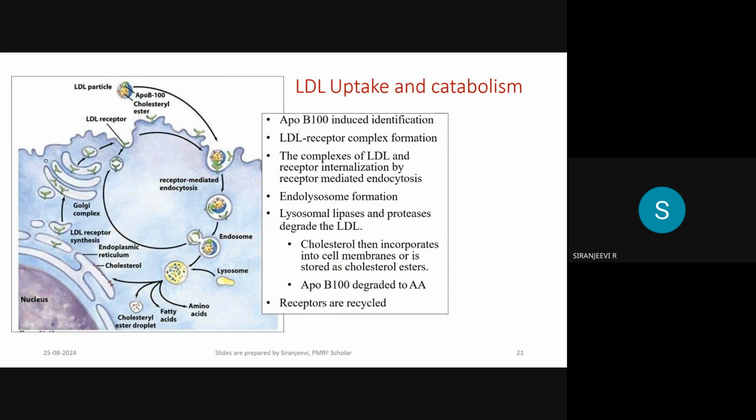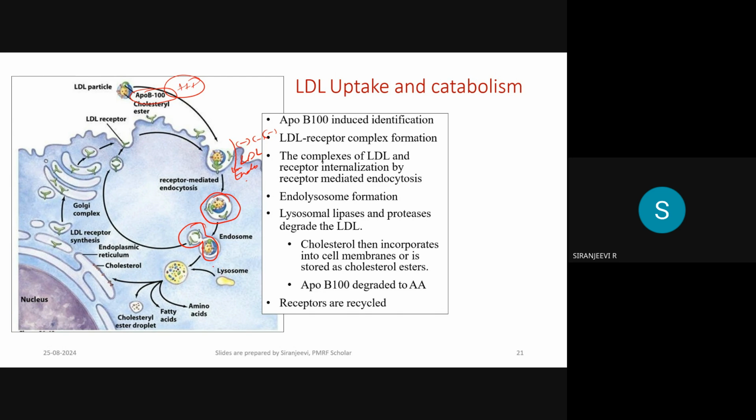And this is how the overall LDL uptake will take place. As I already told, ApoB100 will have positively charged amino acids. It can be taken up by the LDL receptor, which has negatively charged amino acids. And it is a receptor mediated endocytosis. When the endocytosis occurs, it forms the endosome. This endosome can fuse with the lysosome to form the phagolysosome.